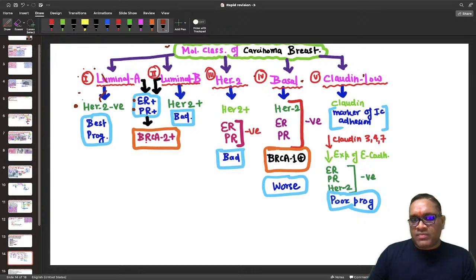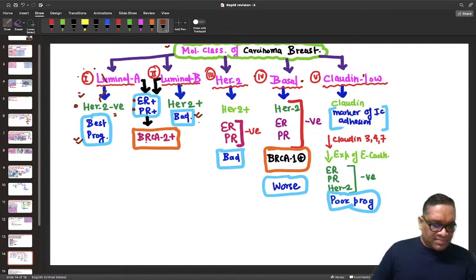What is uncommon is the status of HER2. Luminal A is HER2 negative, luminal B is HER2 positive. Because of being negative, luminal A carries the best prognosis, because HER2 is present in luminal B type cancer cells, and once you find HER2 positive, that means they will have bad prognosis.